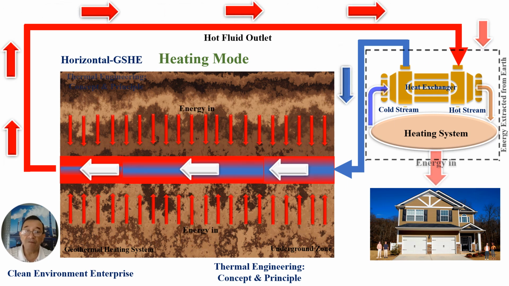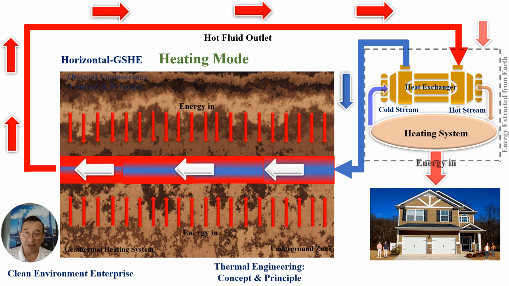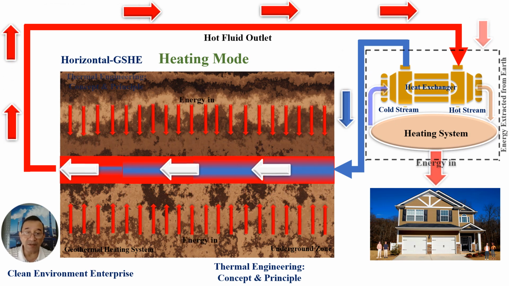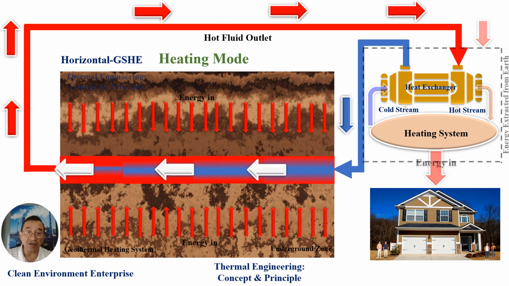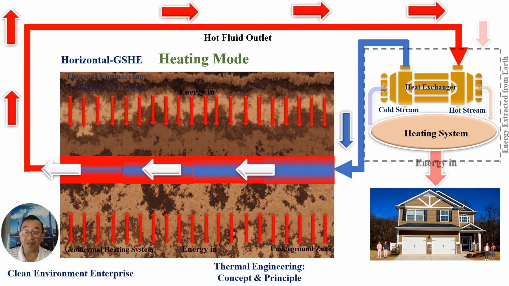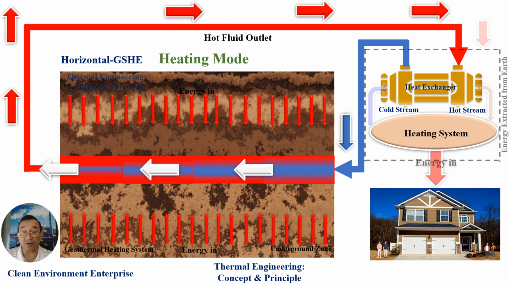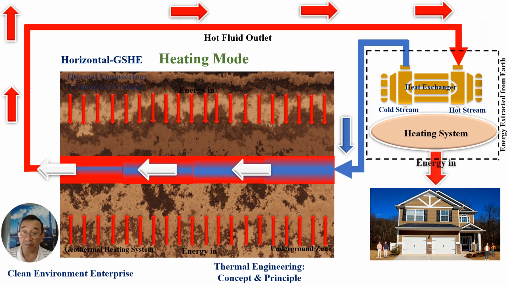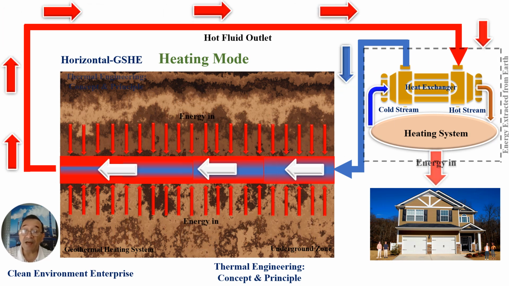So the fluid follows the blue line, which is cold, passing through the heat exchanger, heating up to follow the red line, enters the heat exchanger which is a part of the heat pump, heating up the circulated fluid in the heat pump, and then that will transfer energy to the space.